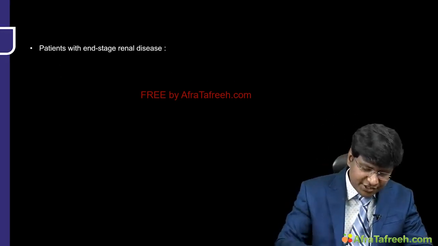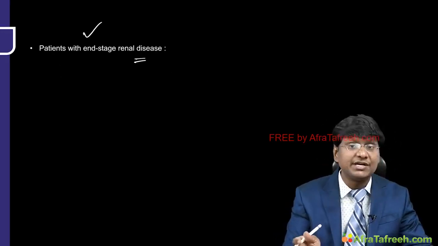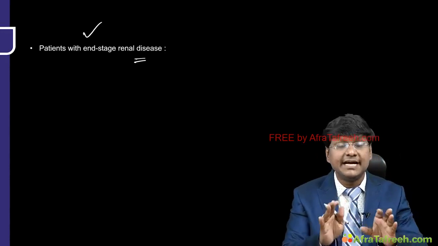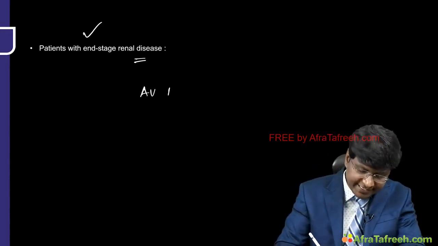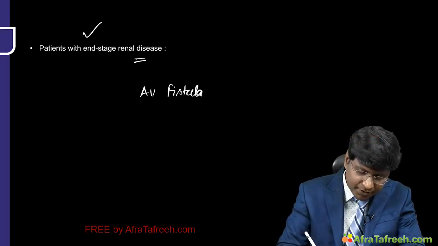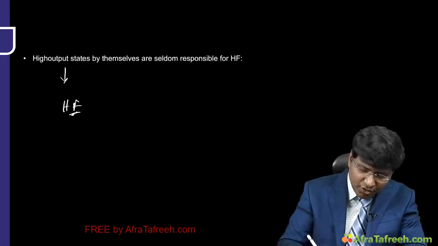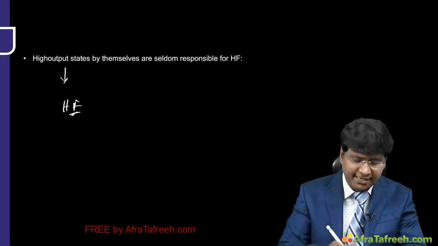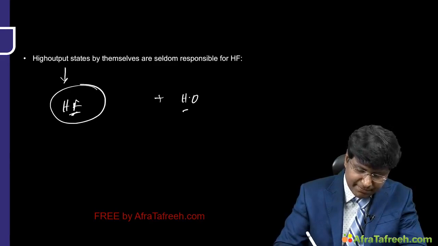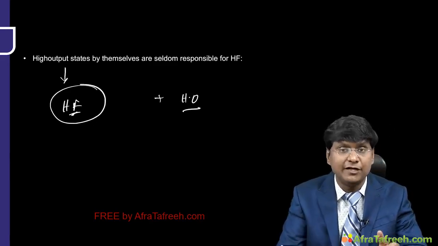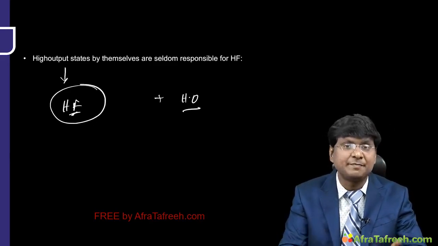And patients with end-stage renal disease are particularly at risk of heart failure because of the AV fistula. See, you have to understand that a patient already having an underlying heart disease, who along with that has developed some high output state, will have further precipitation of the heart failure.